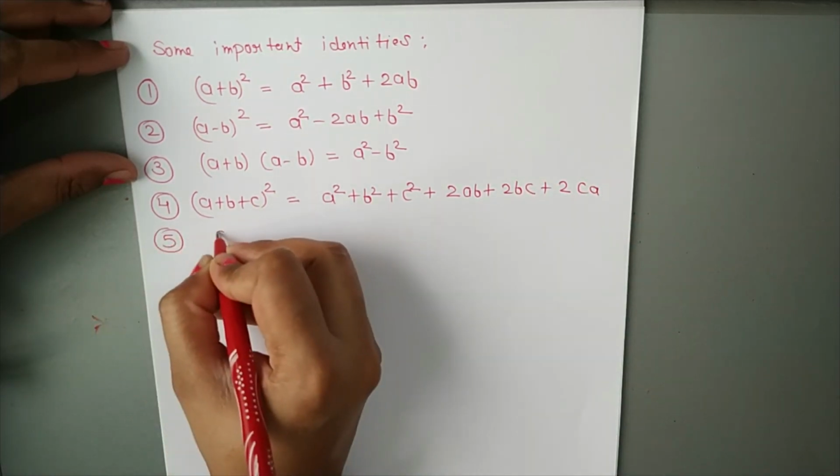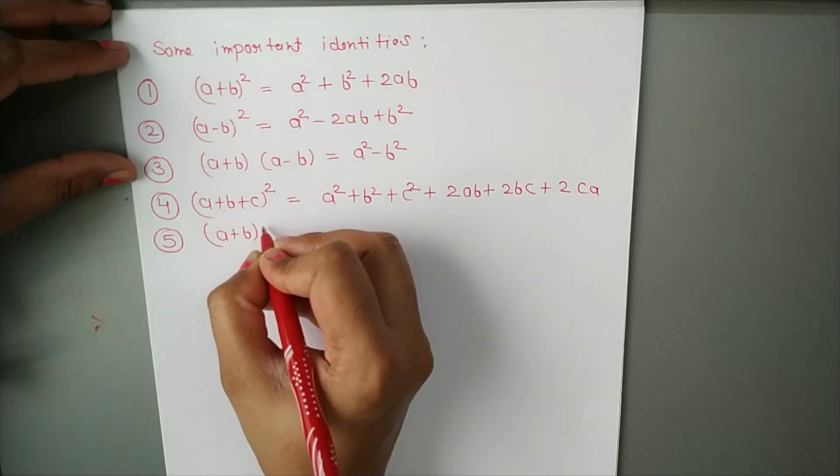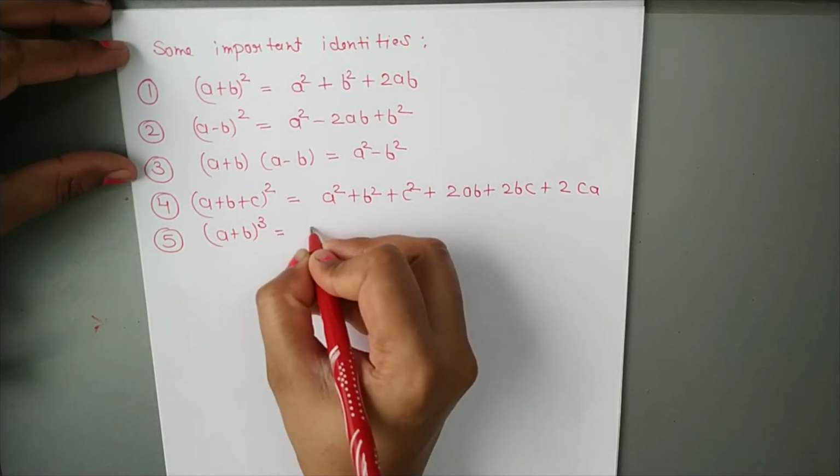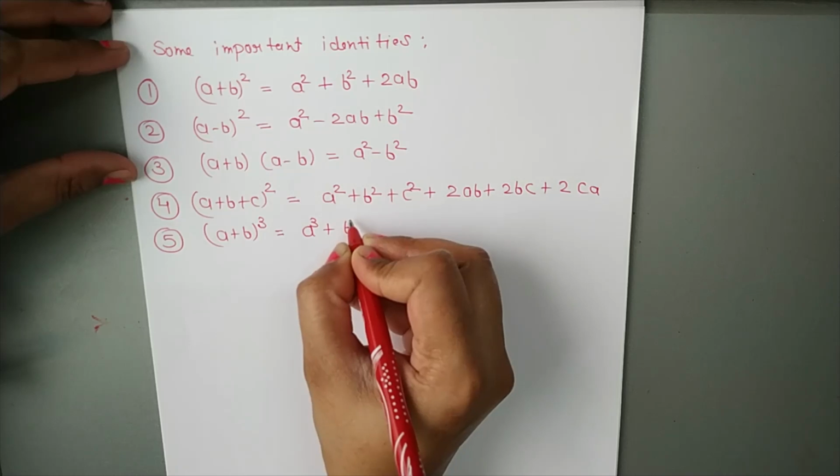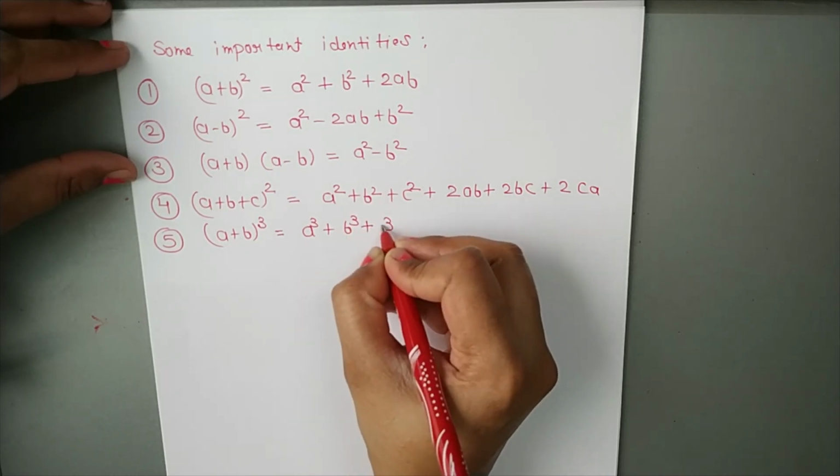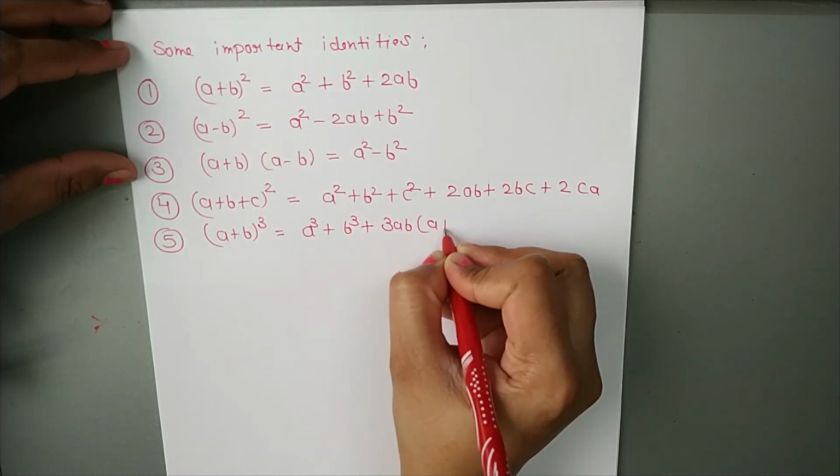Fifth one, (a + b)^3 will be a^3 + b^3 + 3ab(a + b).